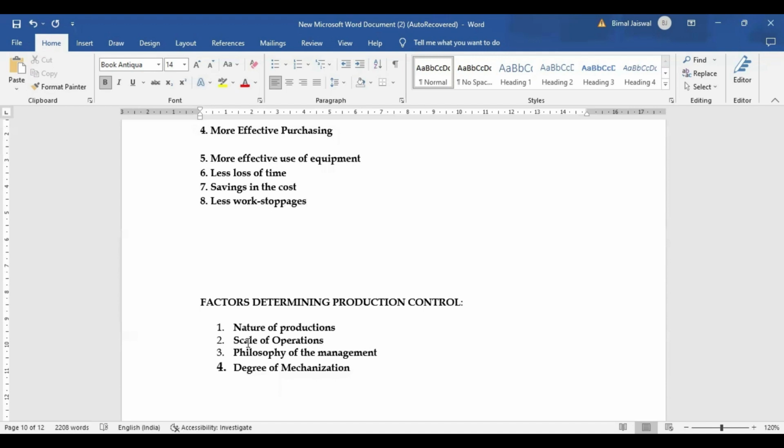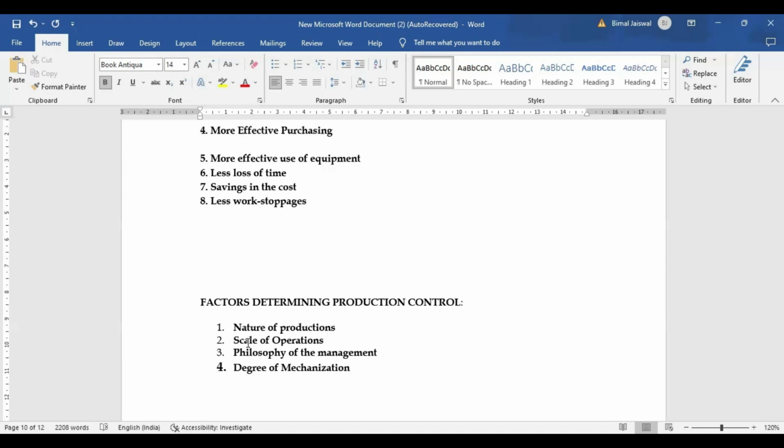The scale of operation means: what is the quantity that you are producing? Whether the large operation is there or short operation is there, producing in large quantity, producing in small quantity.